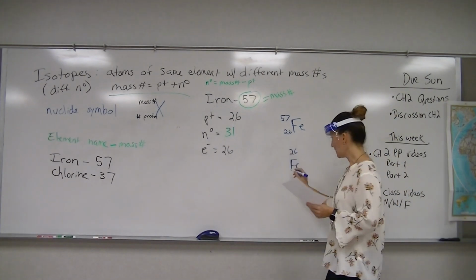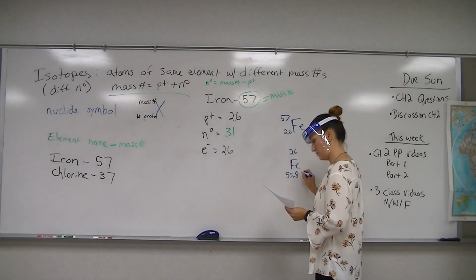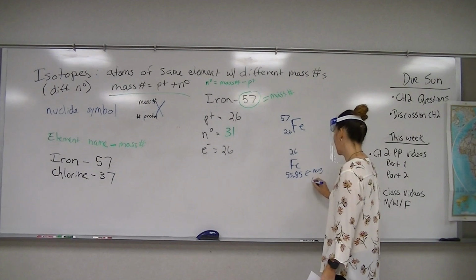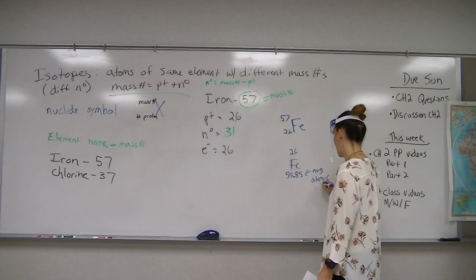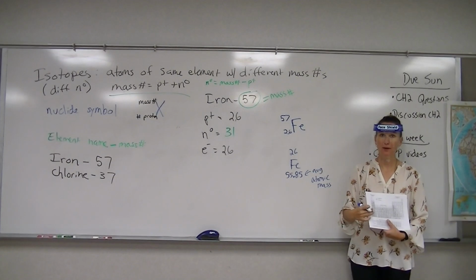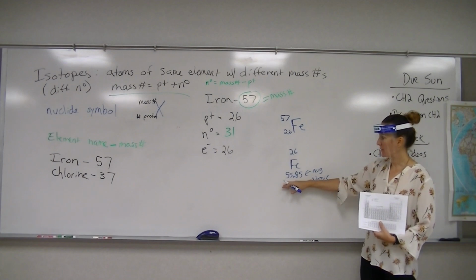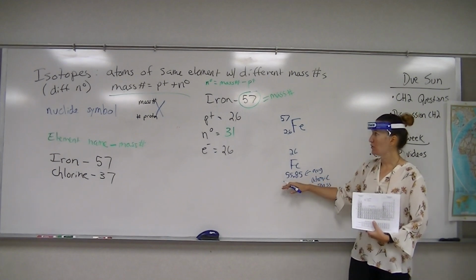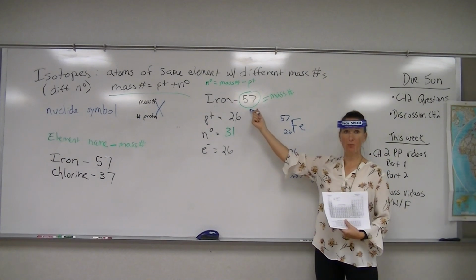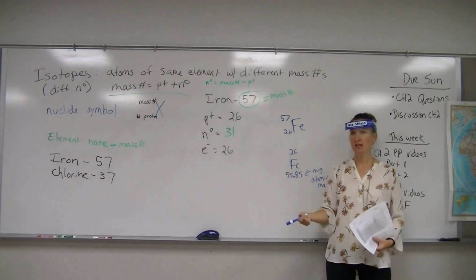Also, the number is 55.85. This is average atomic mass. On the periodic table, the mass they give you is not a whole number because it's different than mass number. This average atomic mass is an average of all the isotopes of iron, because iron has more than one isotope. Iron 57 is just one of them. Iron 55 would be another one.